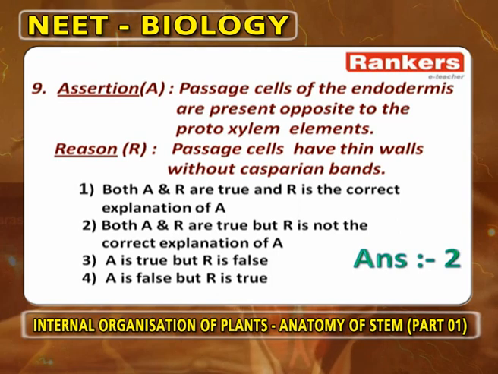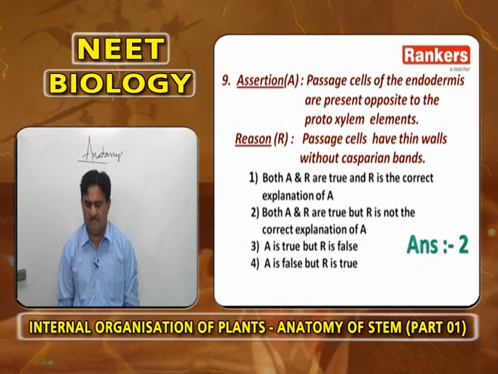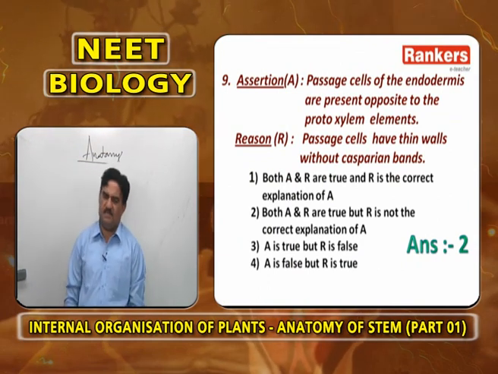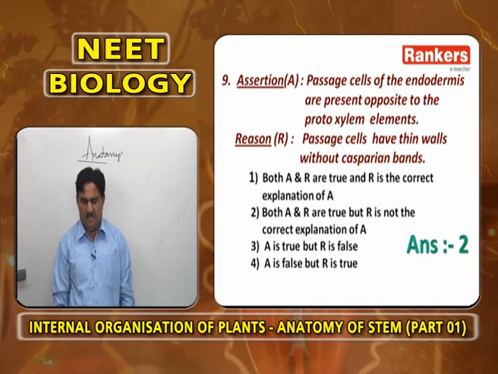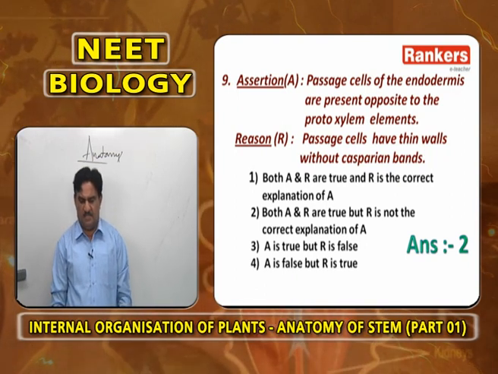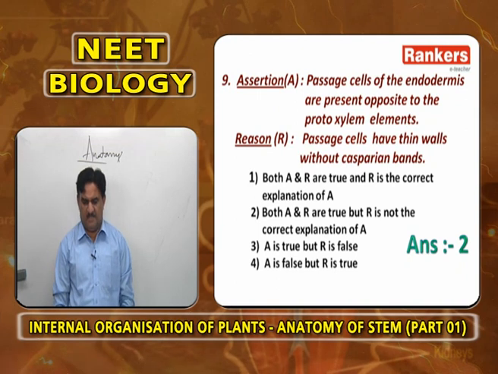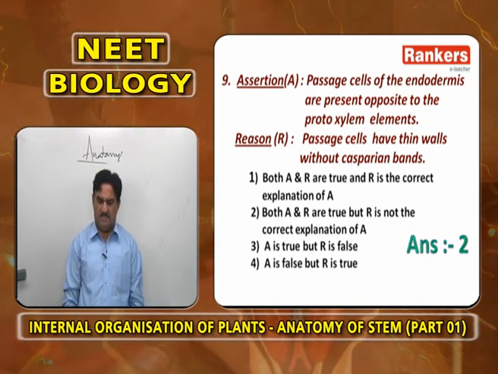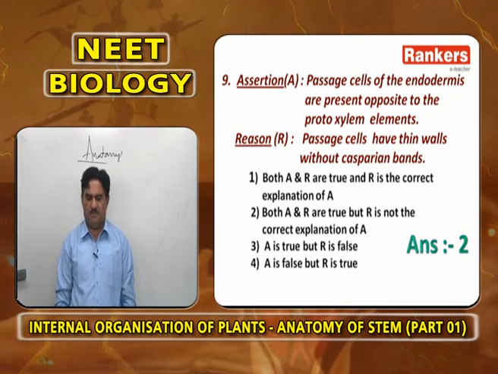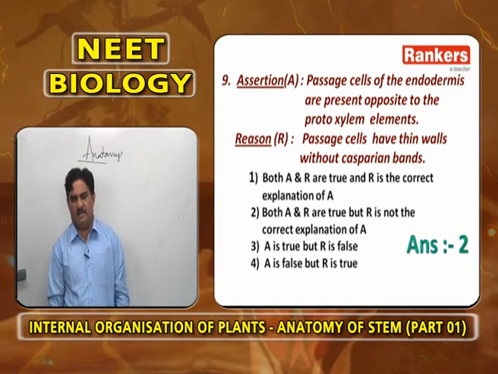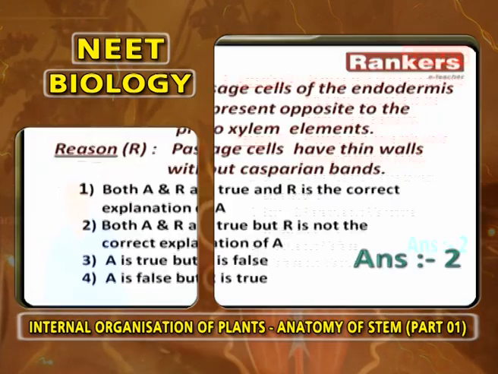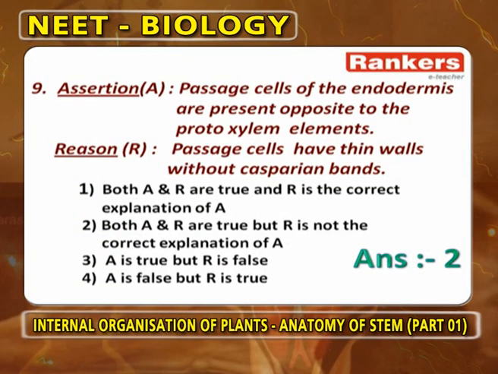Because they do not have Casparian bands and because they possess thin walls, they are present opposite. Because of the absence of Casparian bands, they are called passage cells. So the answer here is both A and R are correct, but R is not the correct explanation of A.